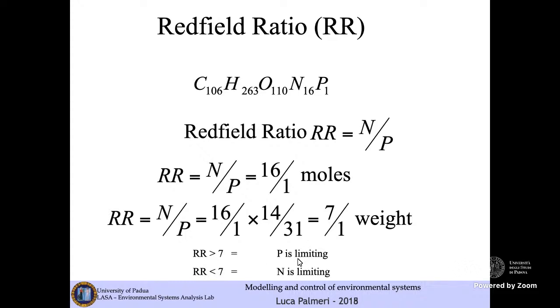This is the typical case in freshwater ecosystems. On the contrary, if the Redfield ratio is smaller than 7 in weight, then nitrogen is the limiting nutrient. And as I told you, this is the typical condition in saltwater ecosystems.